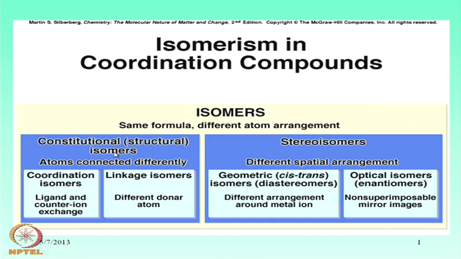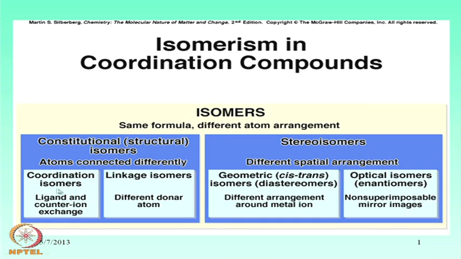So, we can have constitutional or structural isomers or stereoisomers. The stereochemistry for these two isomers, if they are different, gives a different stereoisomer compared to the other.